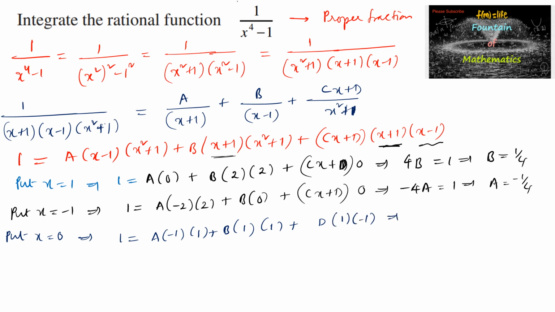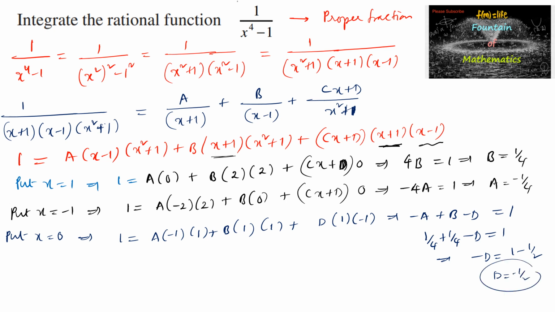So we can write negative a plus b minus d is equal to 1, and we know the values of a and b. So we can write negative of negative 1 by 4, and again here plus 1 by 4 minus d is equal to 1, or negative d is equal to 1 minus half. So 1 minus half is half, so d is equal to minus 1 by 2.